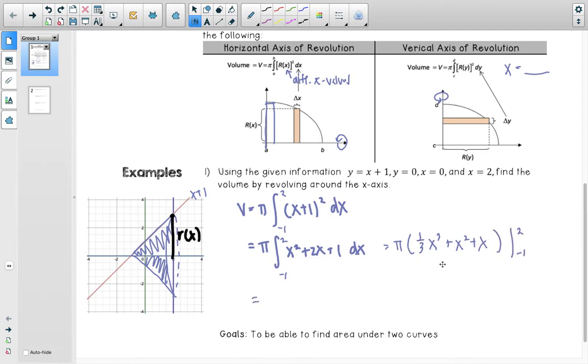You guys know how to do this, so I'm not going to finish it. I'm just going to quickly type it in my calculator. You just hit the pi, and then you go to the math thing, and you do the integrate function. I'm just doing it this way because we know how to do it, and to save a little bit of time.